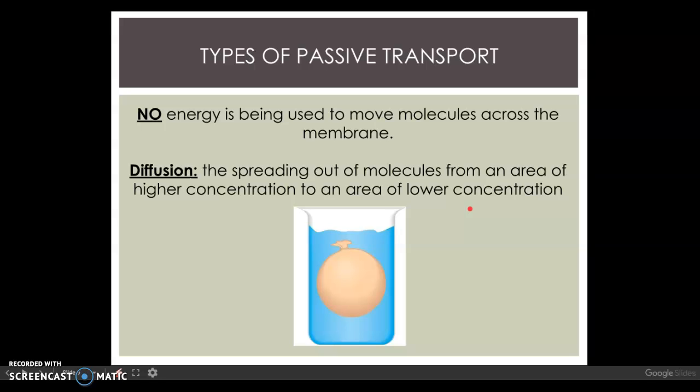In this beaker, we have some water, and in the water we have a bag. The bag is going to be 20% salt solution, and then the water is a 5% salt solution. I'm wondering in what direction the salt molecules will move.